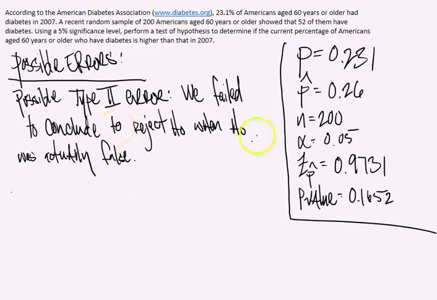Okay, so basically we decided that we're not gonna say that this is wrong when in fact it actually is wrong. That's a type 2 error.